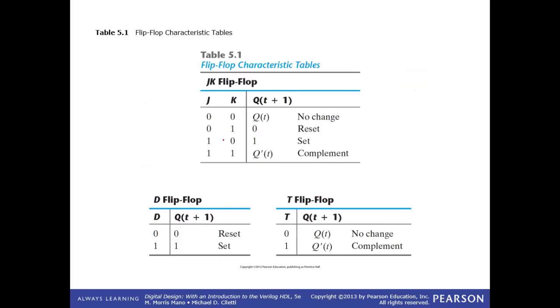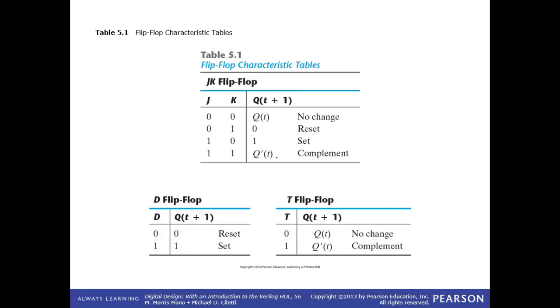If J is equal to 1 and K is fed with a 0, the output becomes set because Q becomes equal to 1 and Q bar becomes equal to 0. Similarly, if both J and K are equal to 1, we have alternate output, a complement at the output. That is, if it was 1, 0, we'll get a 0, 1, and if it was 0, 1, we'll get a 1, 0.